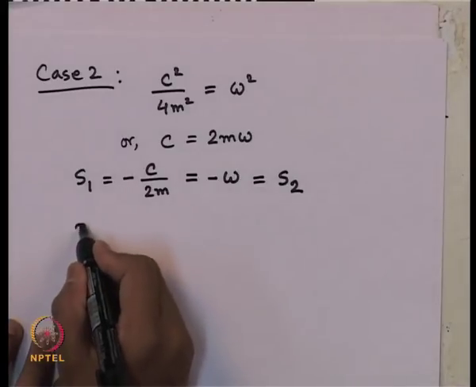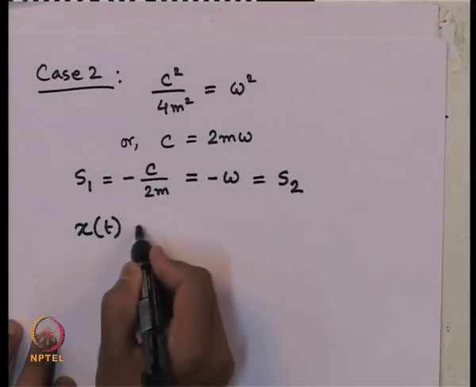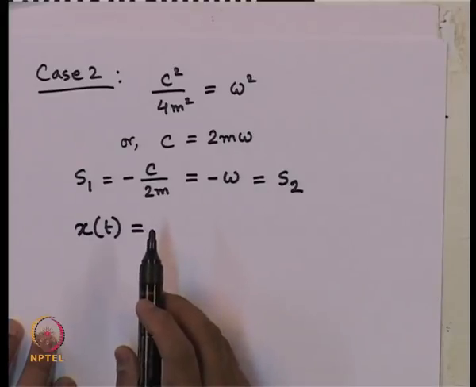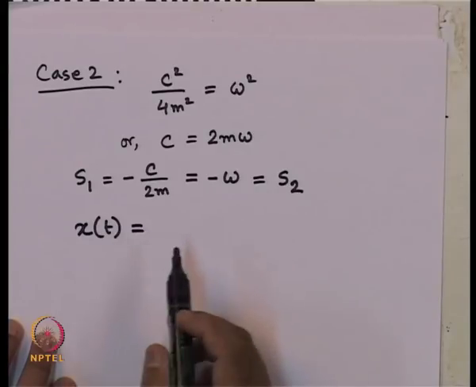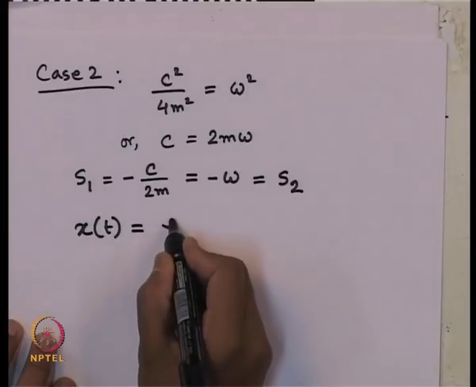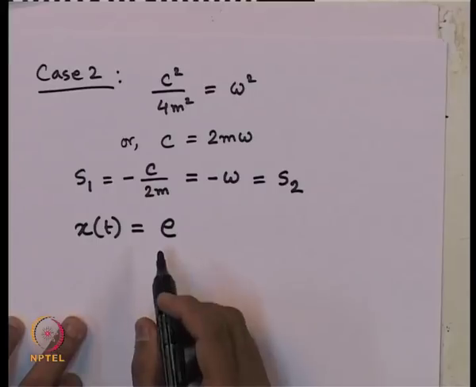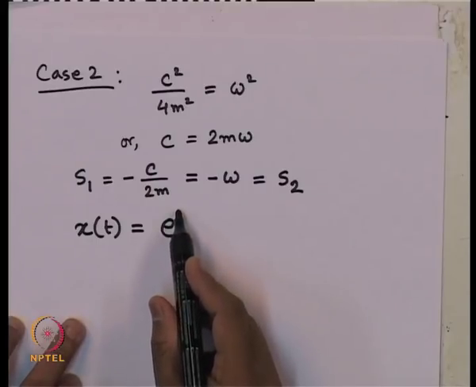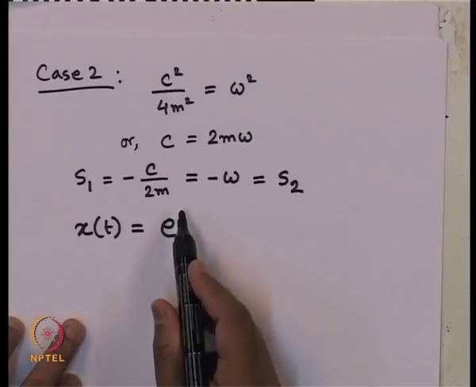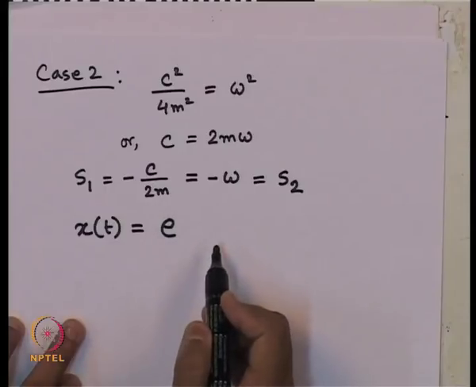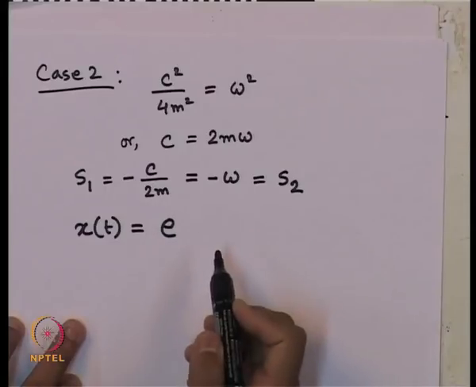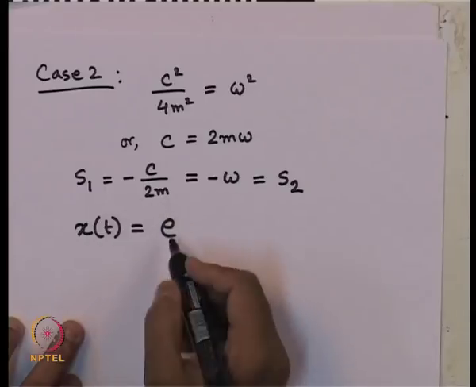So, what will be the solution for this type of case when roots are real and equal? We know the form of solution that we had assumed, e to the power that particular equal root times t, then a polynomial function because of equal roots.